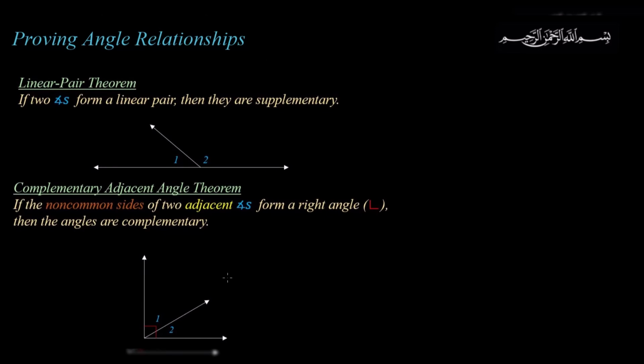And the complementary adjacent angle theorem states if the non-common sides of two adjacent angles form a right angle, then the angles are complementary. Also very intuitive. So these are two theorems that we also have to memorize.